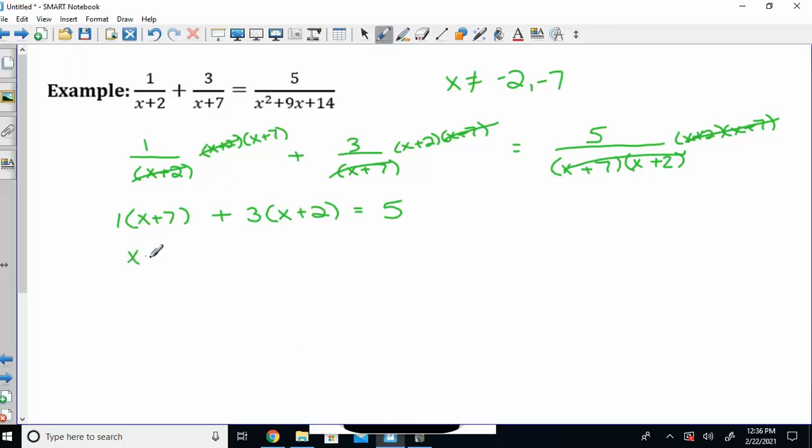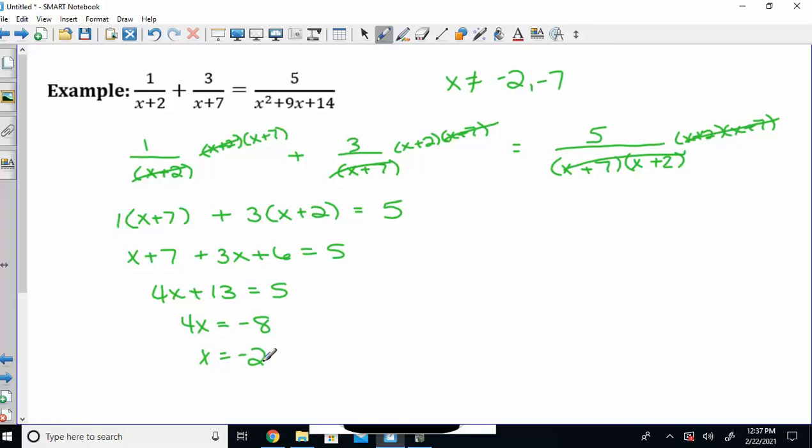So if we distribute, we get x plus 7 plus 3x plus 6 equals 5. Add like terms. Subtract your 13 and divide by 4, and you get x equals -2.